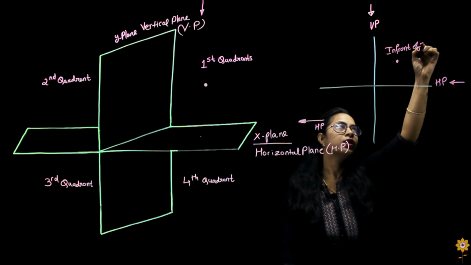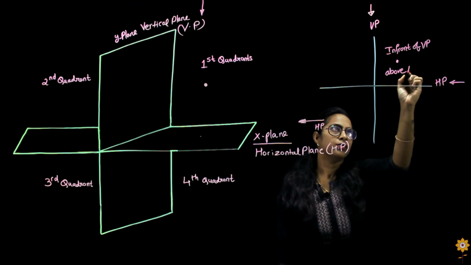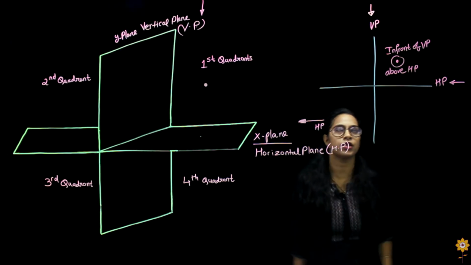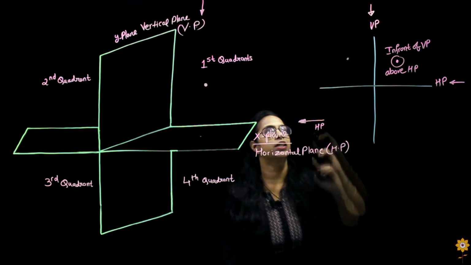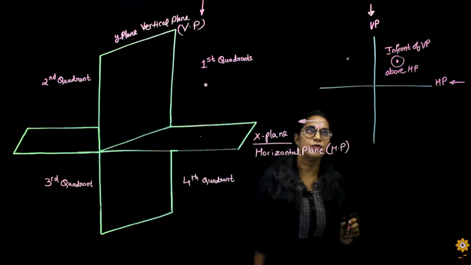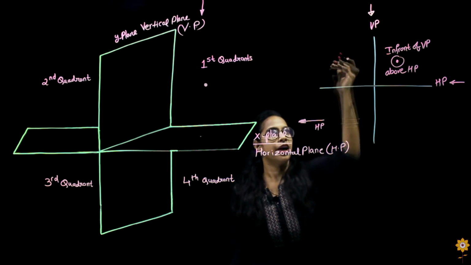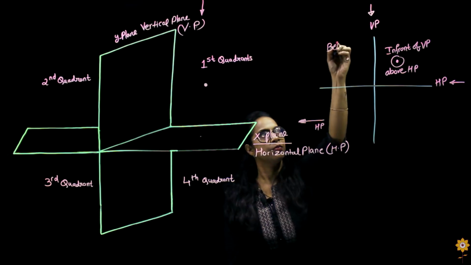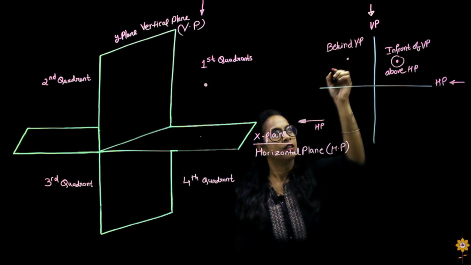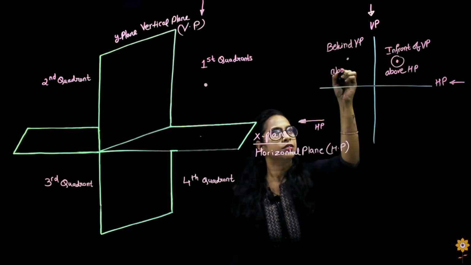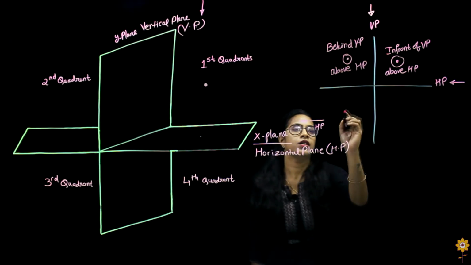Now let's say the same point I place it here, then how would we describe this? This is behind VP and above HP.